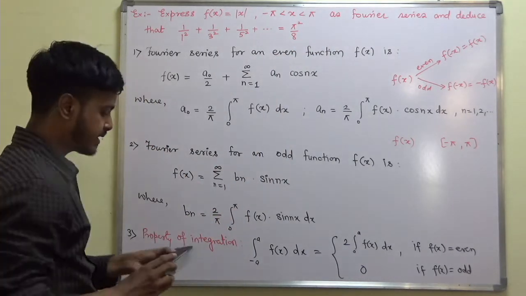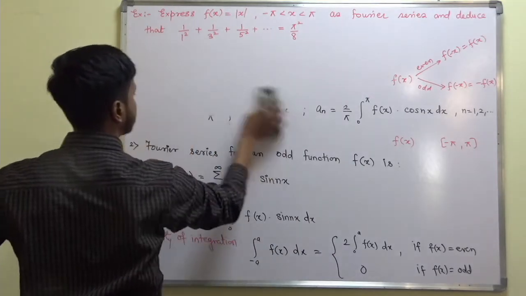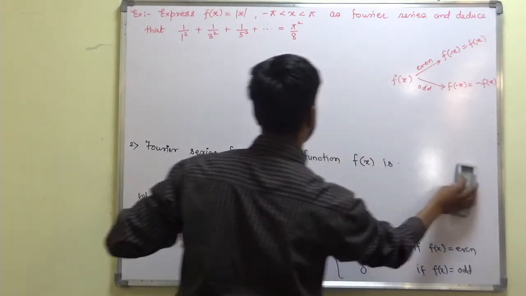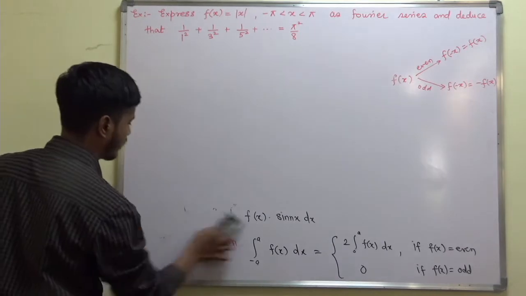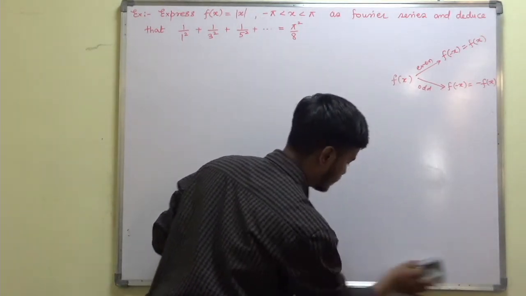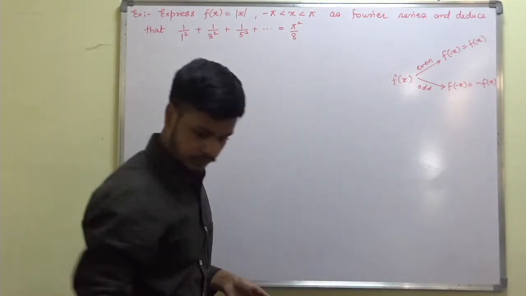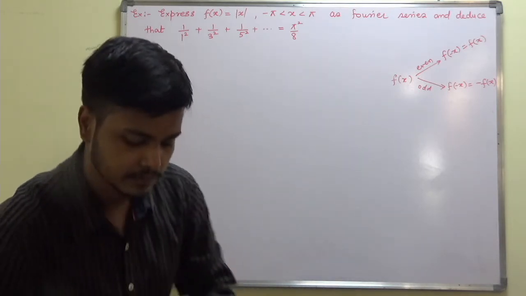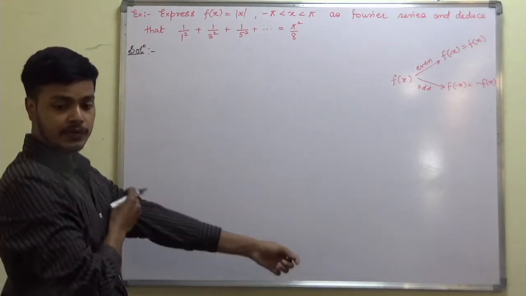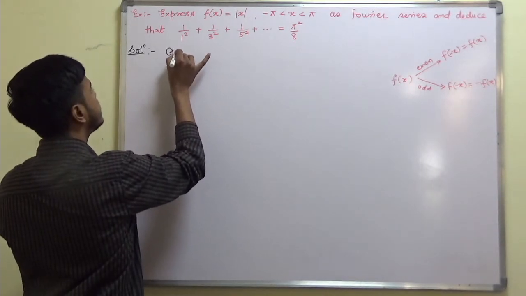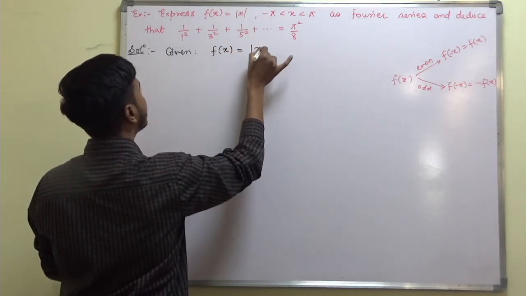So let's see now. What is given to us? We are given a function f of x equal to mod of x.